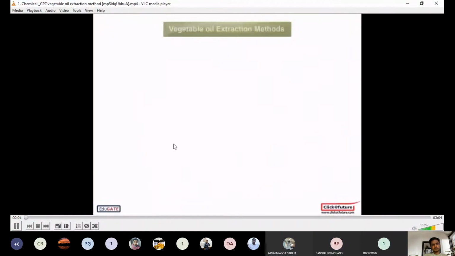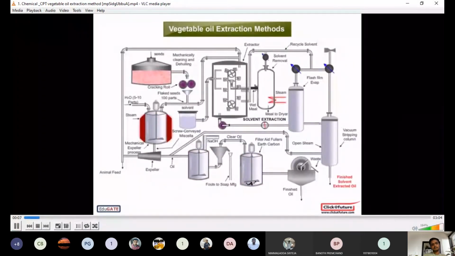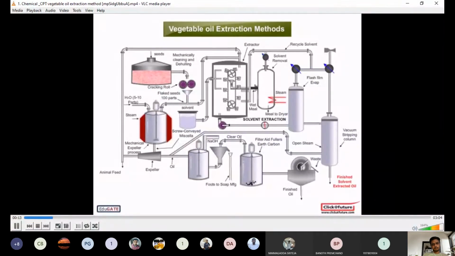Vegetable oil extraction methods. The following flow sheets show the process of vegetable oil extraction by two methods, mechanical and solvent extraction. At the starting of the process with the mechanical process, first seeds are introduced, cleaned and dehulled by physical method. After cleaning and removal of hull, they are sent for size reduction, that is, cracking rolls, and here they are converted into flakes.